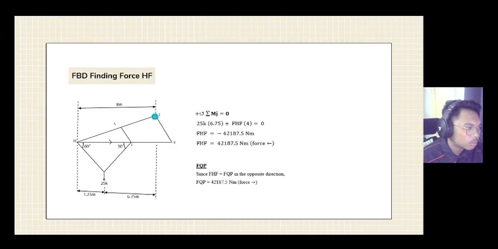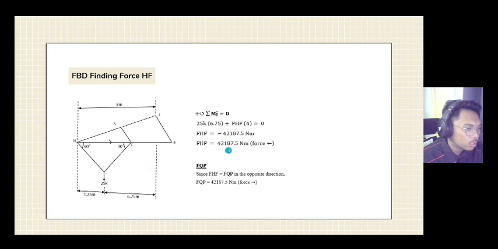They move counterclockwise, so 25k bracket 6.75, and for the force HF. Because we want to find the force HF, we divide by 4 equal to 0.